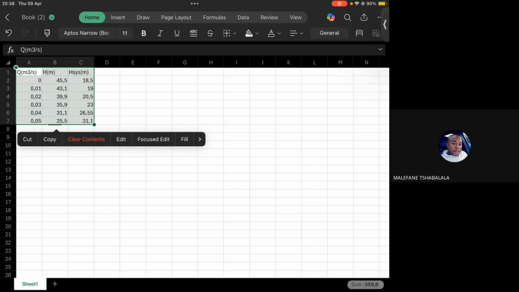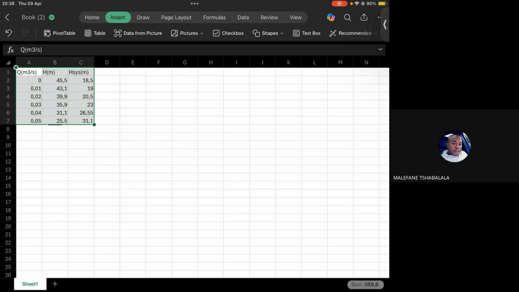After you have highlighted everything, go to Insert on the ribbon of the Excel spreadsheet.